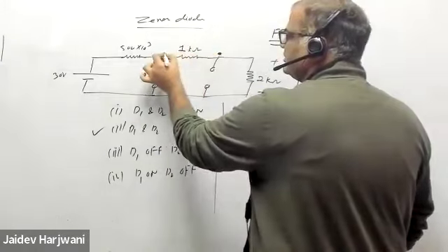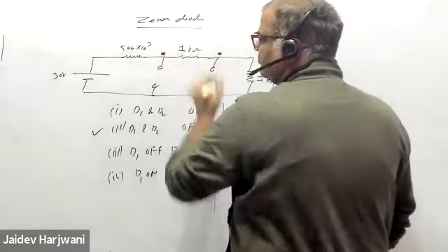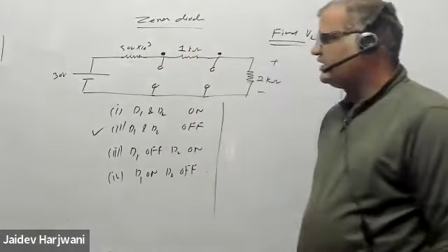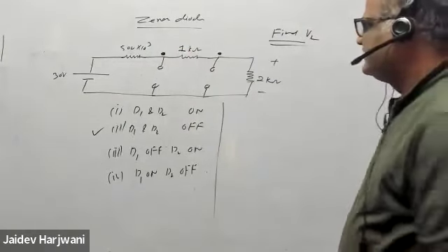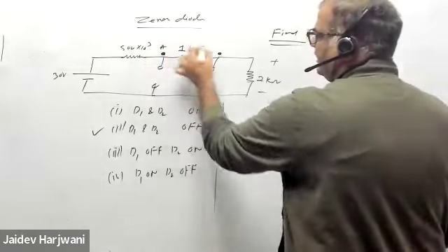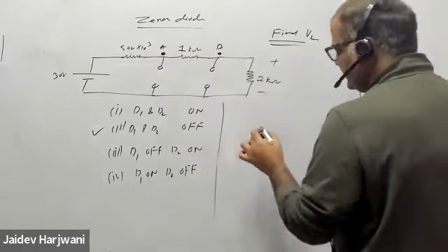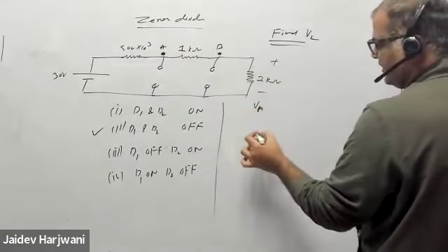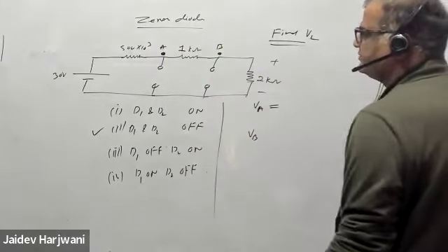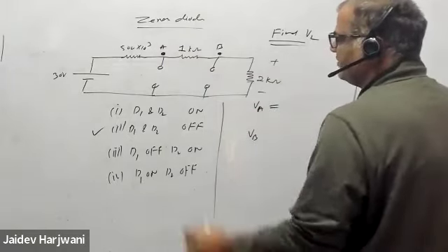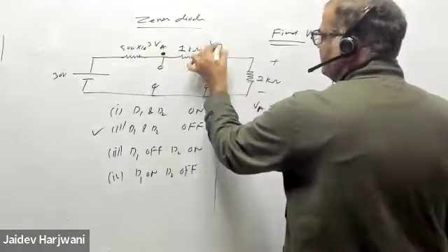Tell me what is the voltage here and what is the voltage here. Say I call this A and this B. What is the voltage at VA and what is the voltage at VB? Tell me what comes. So this is VA, VB.